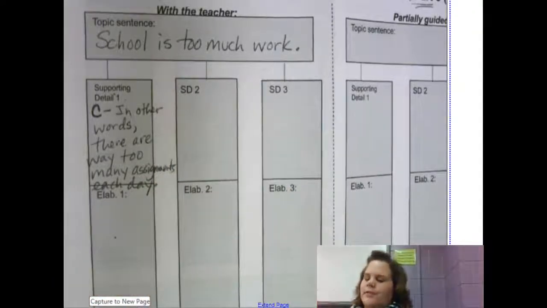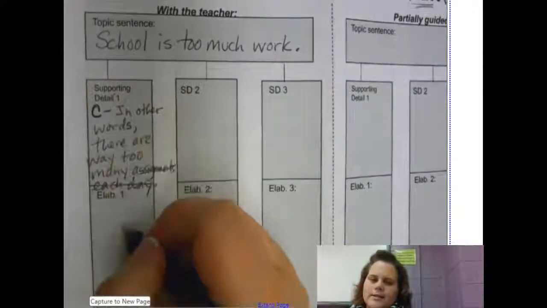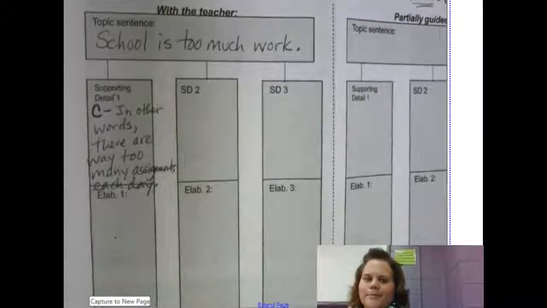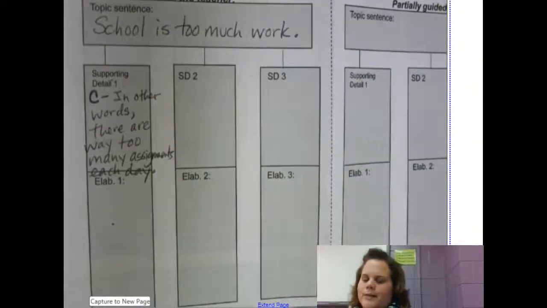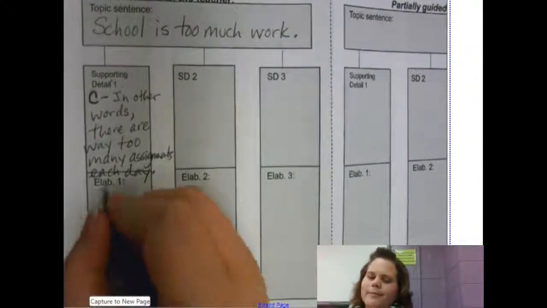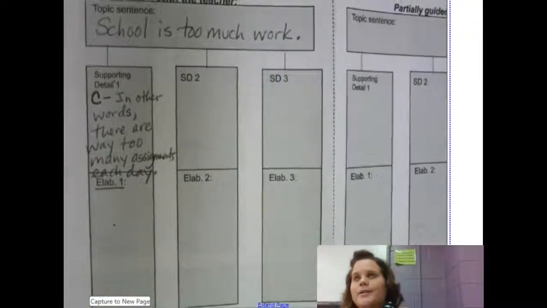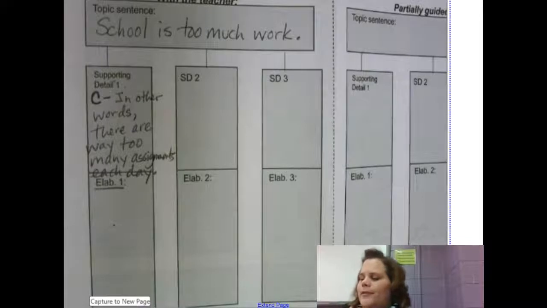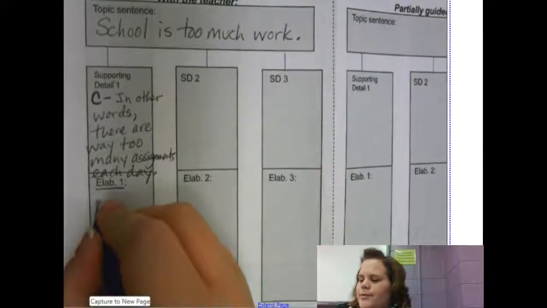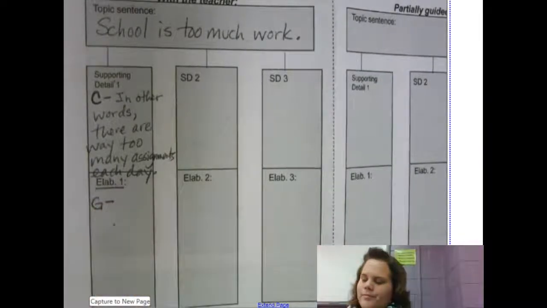This is just to kind of visually show you this, then this, then this, then this, and this, and this, and then we wrap it up. In other words, there are too many assignments each day. Now, what type of elaboration would fit well there? There's too many assignments. I could start telling a story about that, but I kind of feel like an example. So let's go a general example.